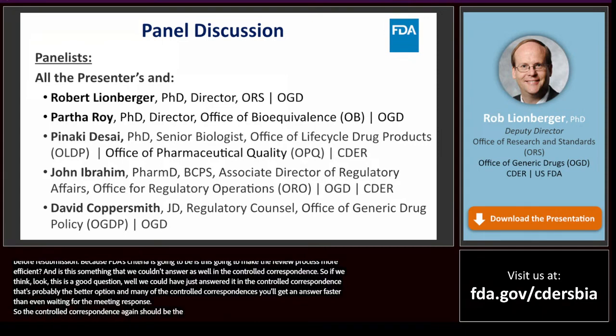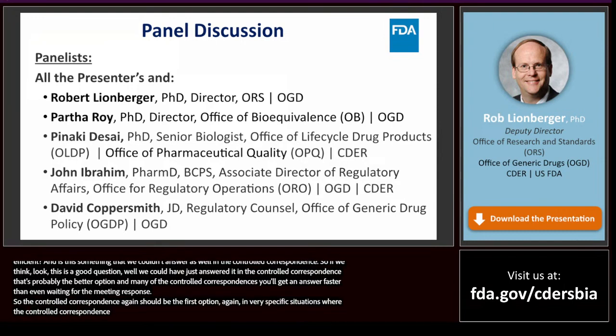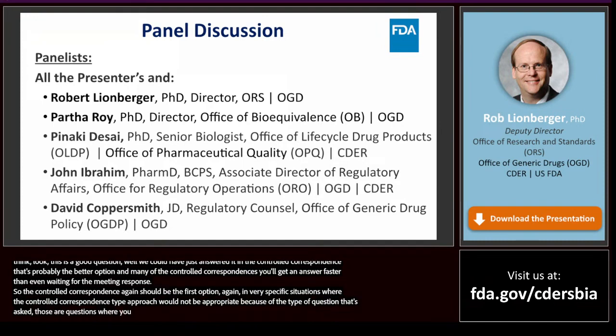Again, in very specific situations where the control correspondence approach would not be appropriate because of the type of question that's asked, those are cases where you might want to submit a meeting request. Or if you've had some previous interaction with FDA where we might recommend your follow-up be a meeting request.